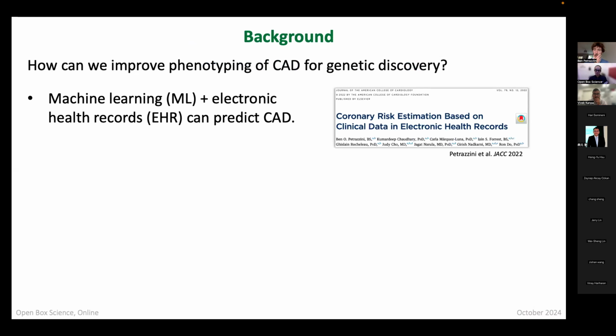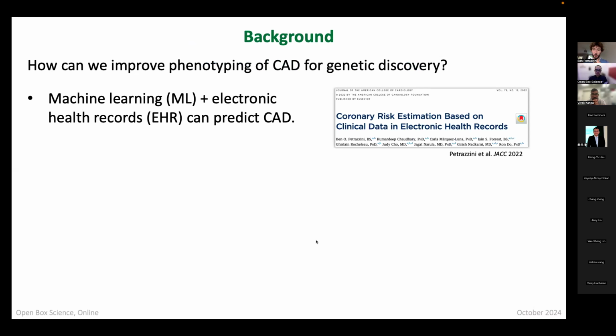line of thought, our lab had already published a paper in 2022 showing that machine learning models can learn from structured electronic health records to accurately predict coronary artery disease.